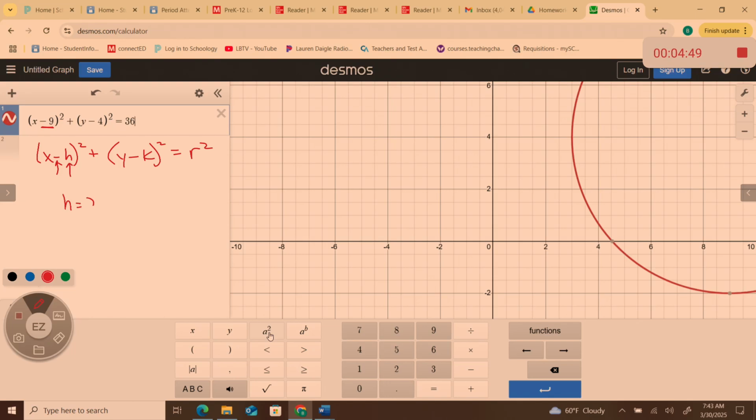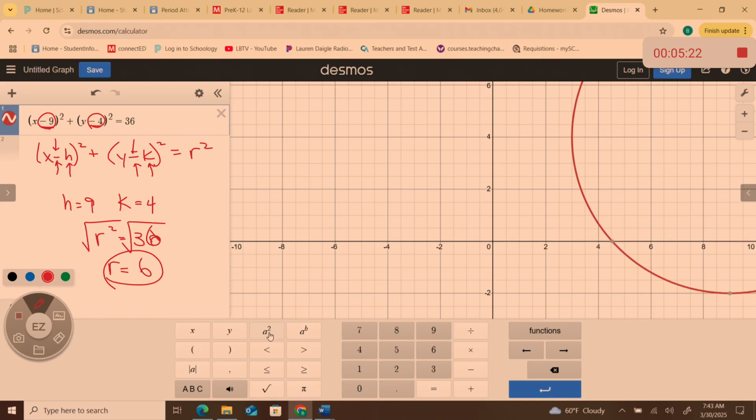H equals 9. If this is negative 4, what is k? K is actually 4. So I have to tell myself, when I'm looking at these equations, the opposite, because the negative was already present within the original equation. And if r squared is equal to 36, what is the radius length going to be? It's just going to be 6. I'm going to square root both sides here.